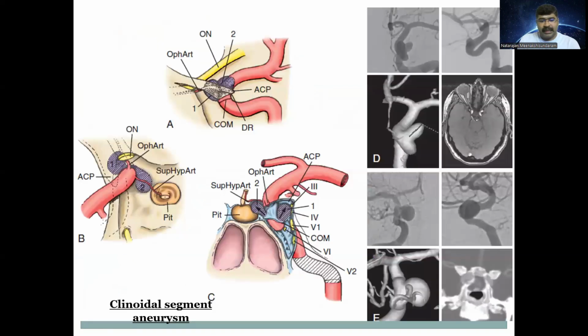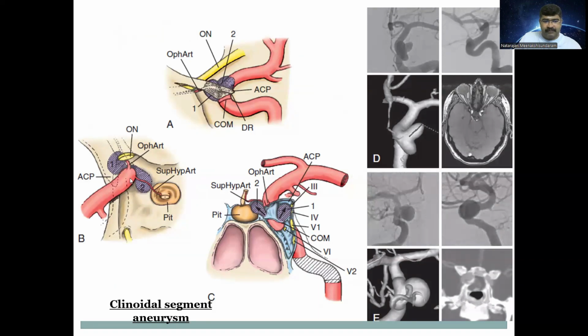So first, the clinoid segment aneurysm. The two anatomical variants in the clinoid segment aneurysm are the anterolateral variant and the medial variant. These two variants are shown in various views. This is the anterior view, this is the lateral view, and this is a superior view.